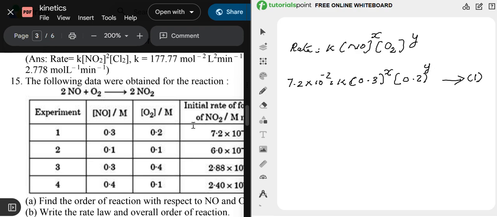Okay. And now choose another set of data where one of these values should be the same. So I am choosing NO's concentration 0.3, 0.3 here. So I am taking the third data.